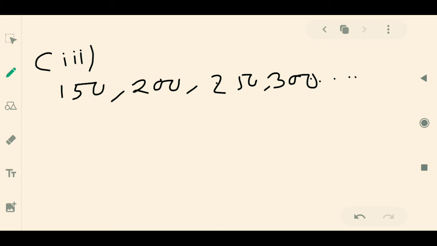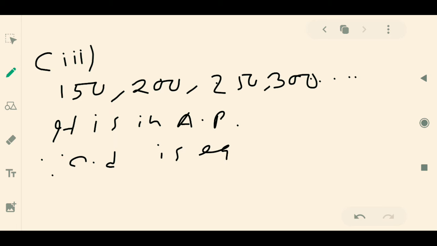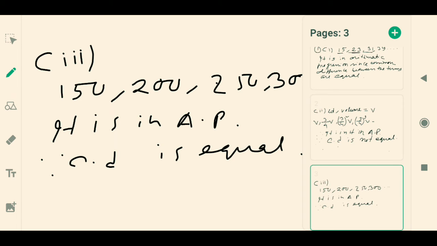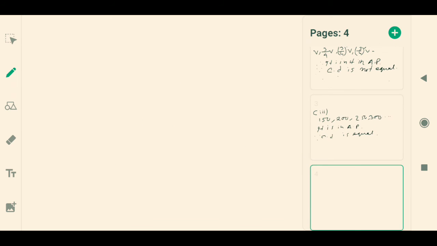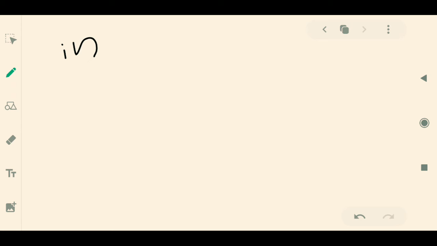It is increasing by rupees 50. So you can write it is in AP, and the reason is similar: since CD is equal. If CD is equal, it is in AP. If CD is not equal, CD meaning common difference, then it is not in AP.